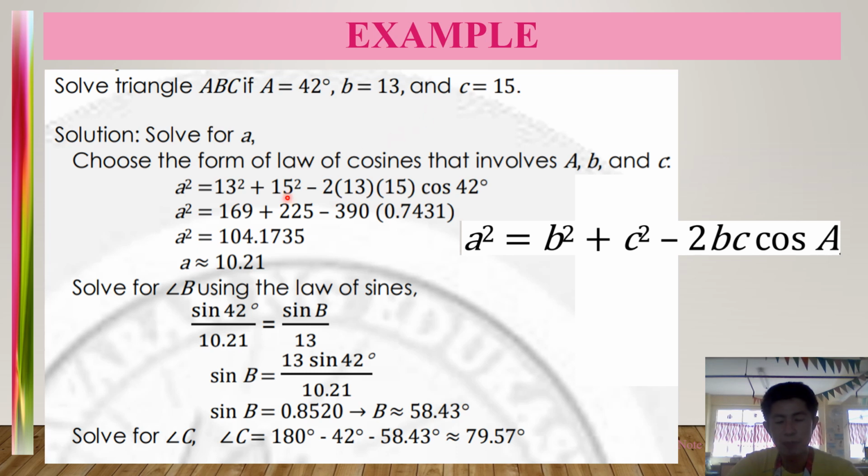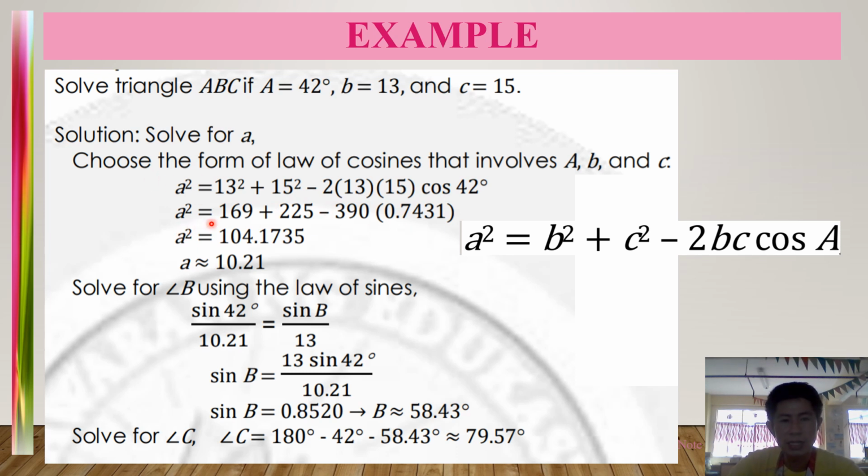So, that is 15 squared minus 2. Fix na yung value na 2 times b times c. Ang b is 13, ang c ay 15. Kaya siya naging 2 times 13 times 15 cosine angle A. So, angle A has a measure of 42, kaya siya naging cosine 42. Okay, then solve.